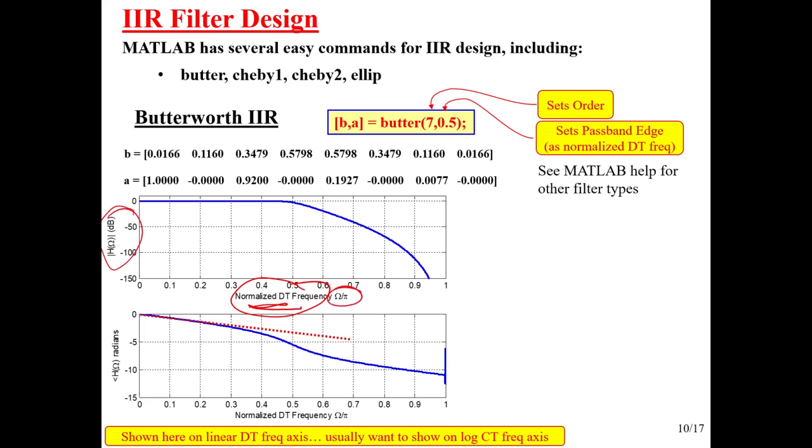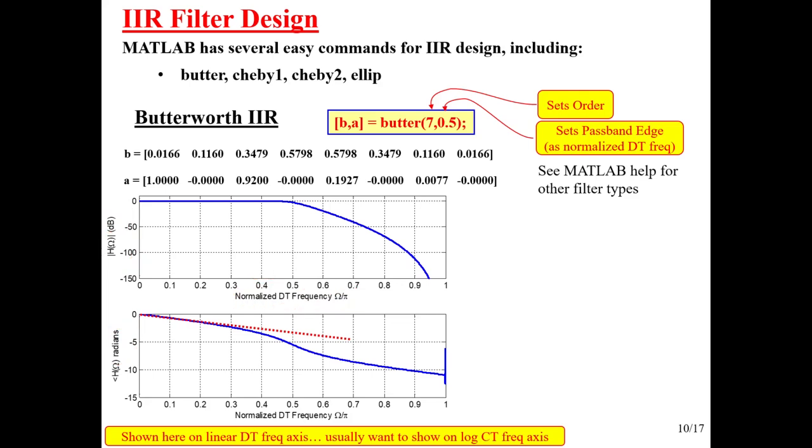So I'm telling you that this is in dB. I'm telling you that this is in radians. If you don't label your axes and you don't show the units, that's a useless plot. And I always say that without labels, it's not a plot. It's just art. Might be interesting art, but not a plot. So make sure that you label these.